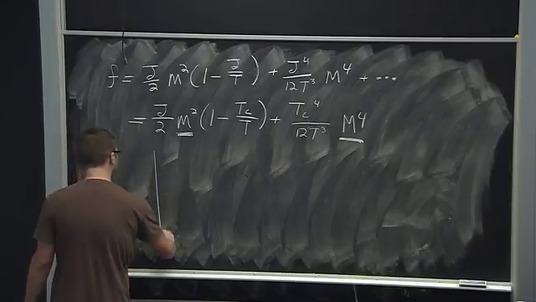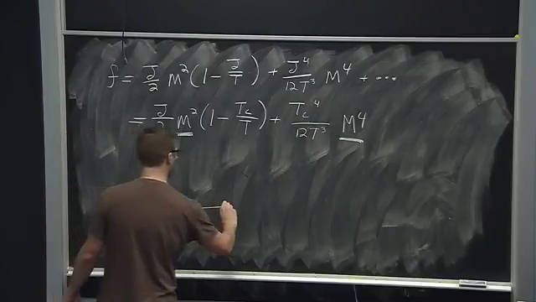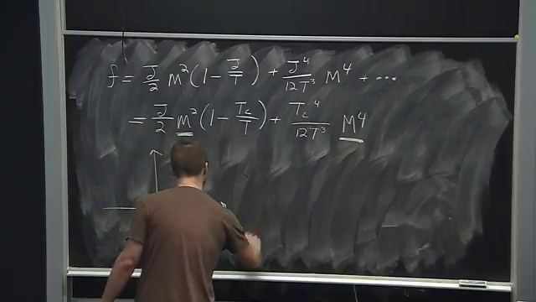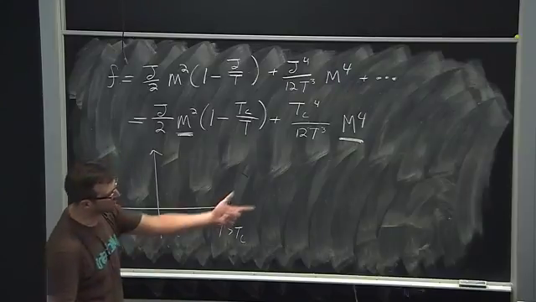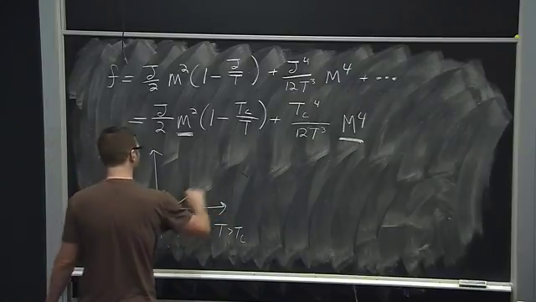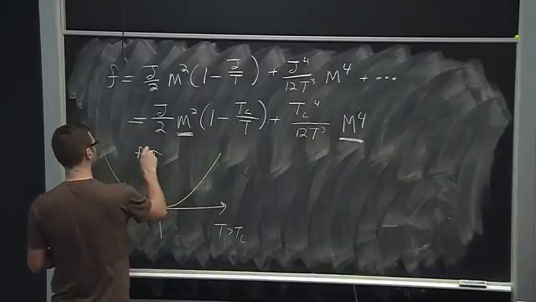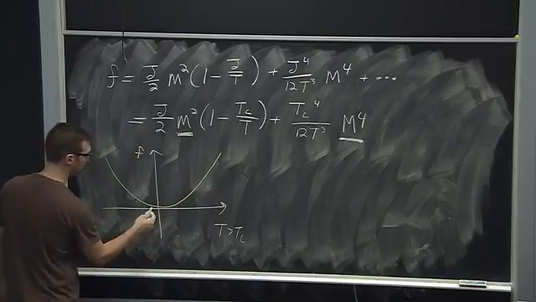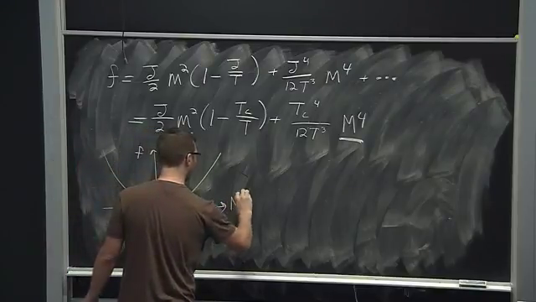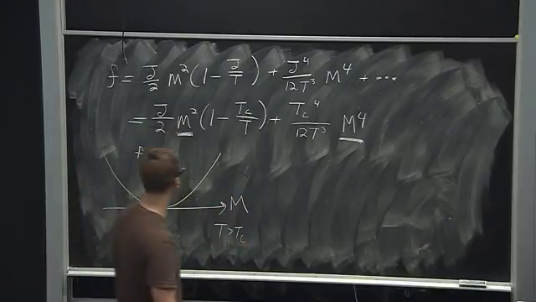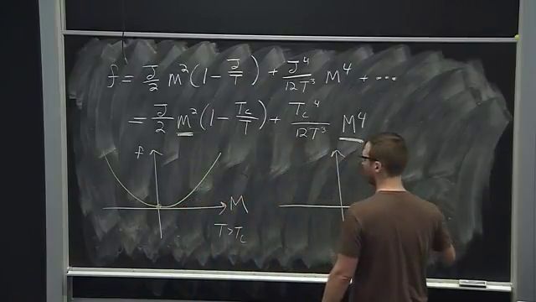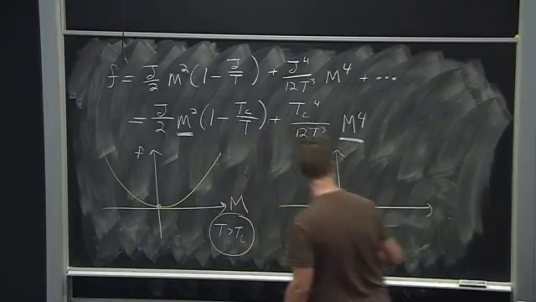So the free energy can be plotted for T greater than Tc, which corresponds to that unique solution. And you see that if you plot F, there's one minimum at m equals 0. So that's T greater than Tc.